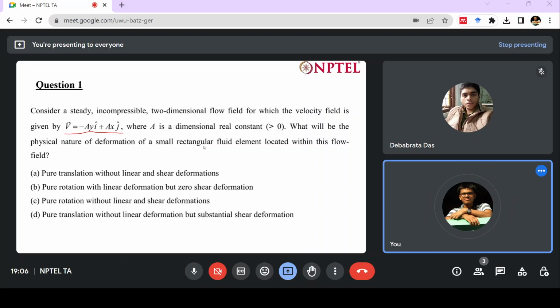The velocity throughout the domain is given by this field, and we are asked to find out what will happen to a rectangular fluid element moving around in this flow field. It is assumed to be a very small rectangle. So basically, we want to find out the flow characteristics related to this velocity.